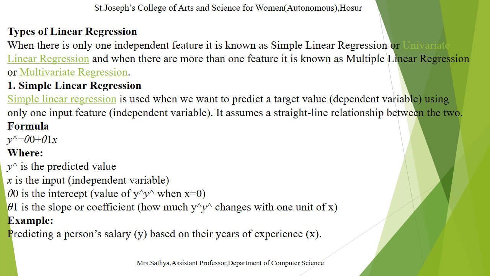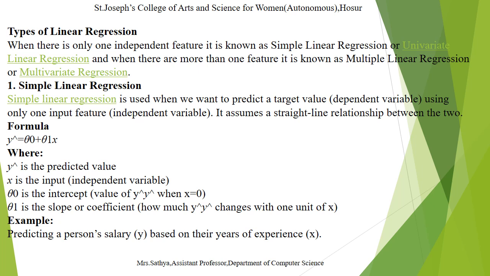An example of simple linear regression is salary based on years of experience, whether in a company, an organization, a school, a college, whatever it is. Based on the experience only, they give the salary.